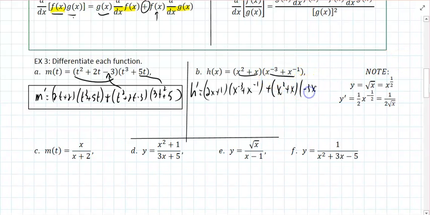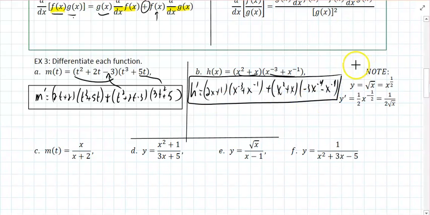That is negative 3x to the negative 4 minus x to the negative 1. Now, a note. We take a derivative of a square root a lot more than we like.